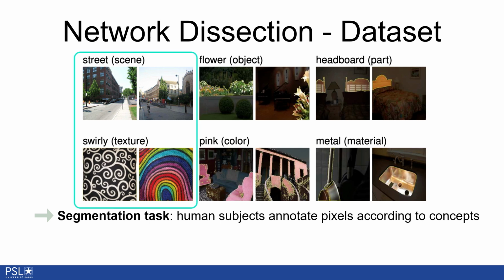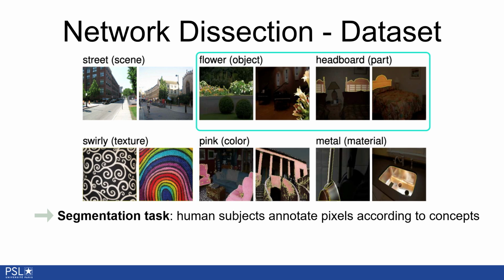For example, in some cases, the whole image was annotated as street or swirly, concepts that belong to the broader classes of scenes and textures. In other cases, parts of the image were annotated as flower or headboard, which are examples of objects and object parts.